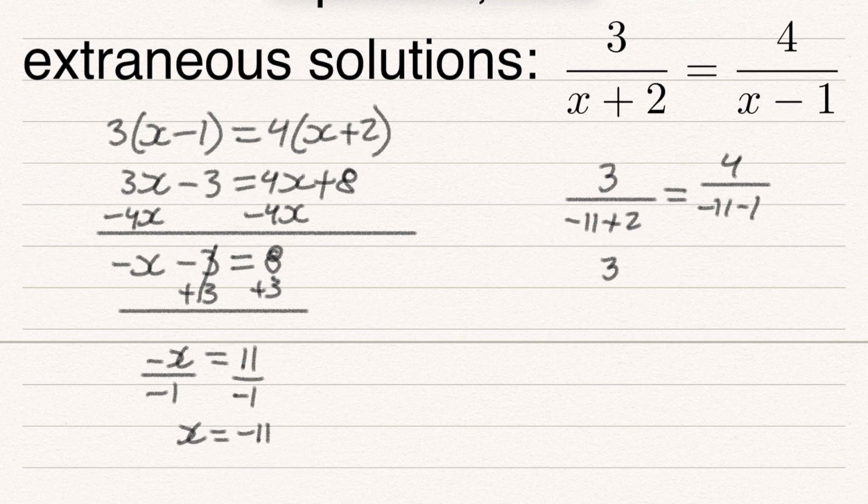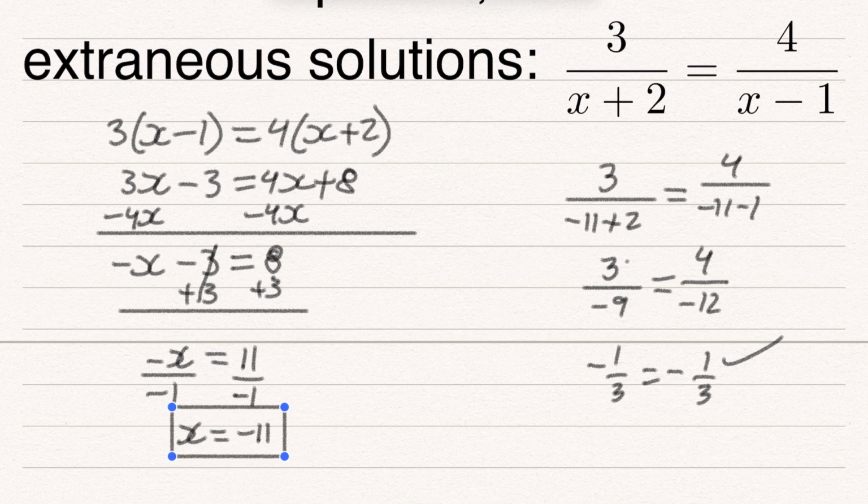So is it true that 3 over negative 9 is equal to 4 over negative 12? And we simplify. This would simplify to negative 1/3. Divide these by 4, and you'd have negative 1/3 again. So negative 11 is a solution to this equation.